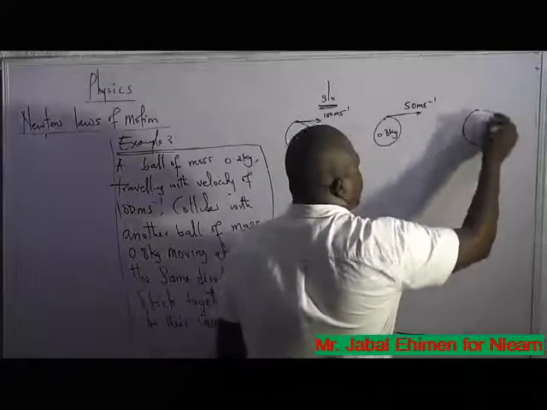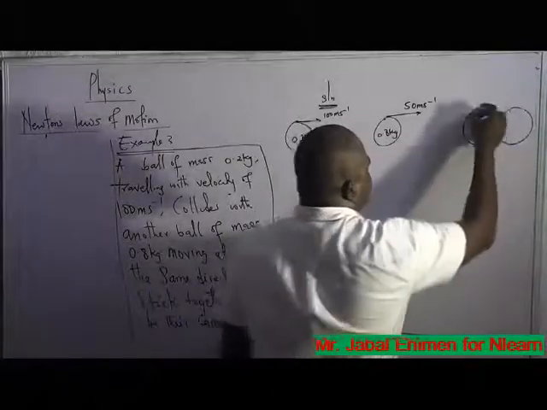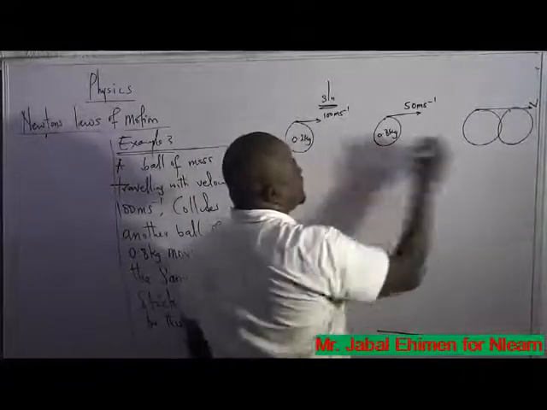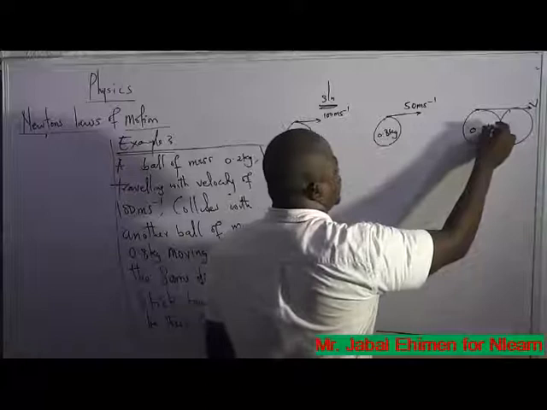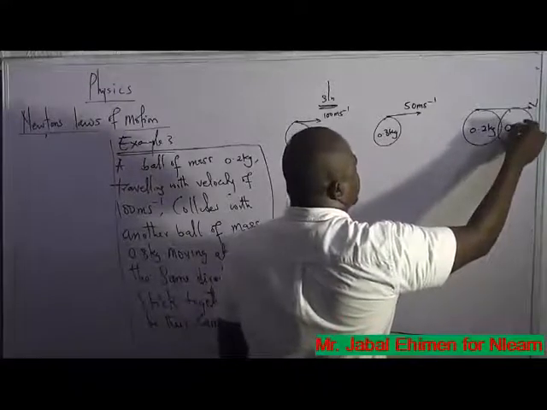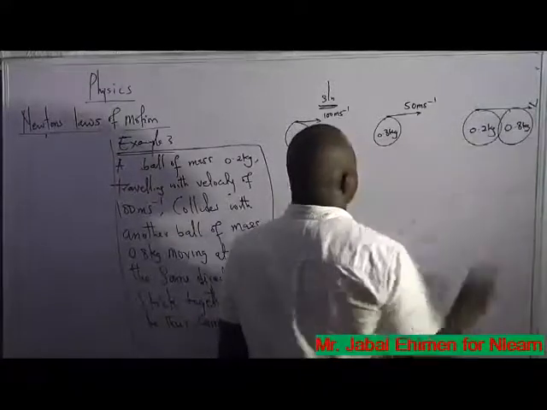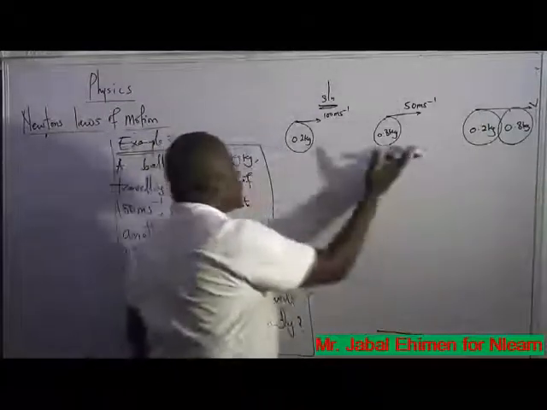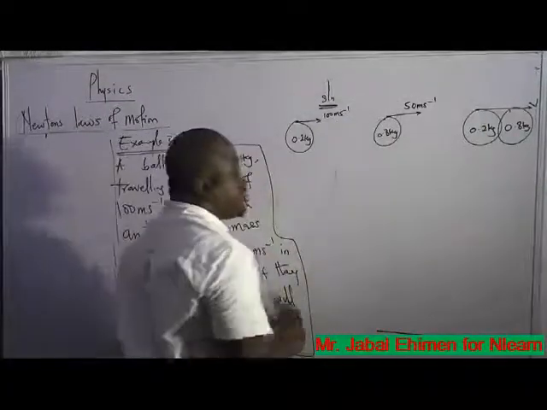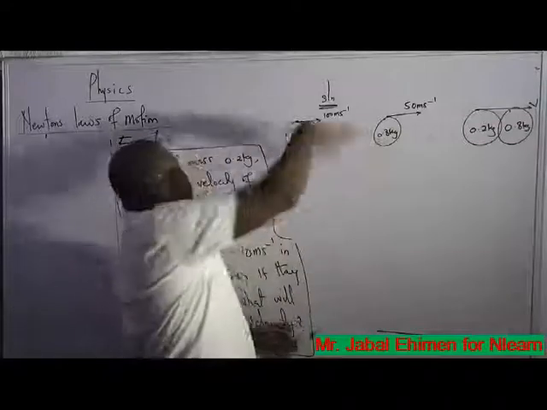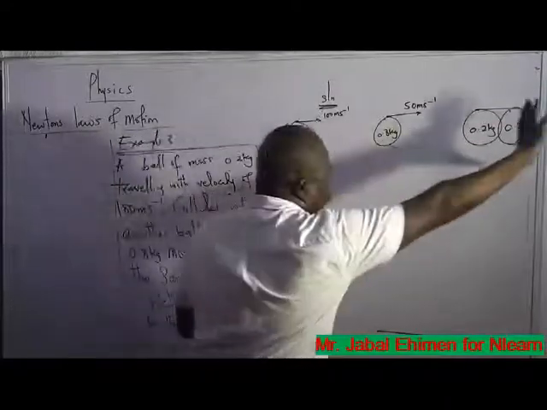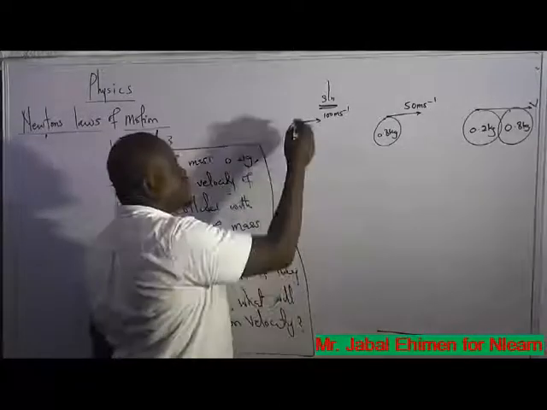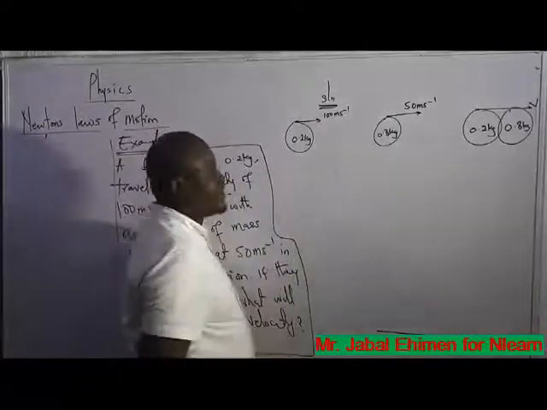So when they stick together, you have something like this, meaning they now have a common velocity. This still remains 0.2 kg and this still remains 0.8 kg. Now, this is after collision, and that was before collision. But don't forget, the sum of the initial momentum must equal the sum of the final momentum. Momentum, remember, is mass times velocity.